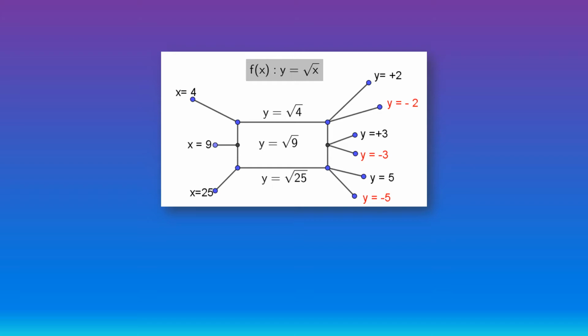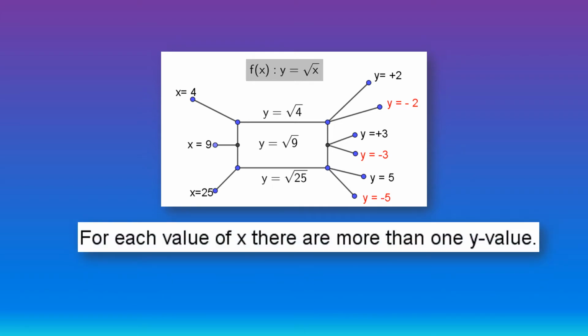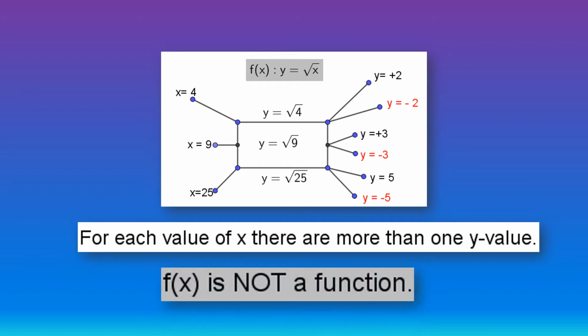When you substitute 9, we know that it will be plus 3 and minus 3. 25, we will have 5 or minus 5. So what we conclude? For each value of x, there are more than one y value. Therefore, we say f(x) is not a function.